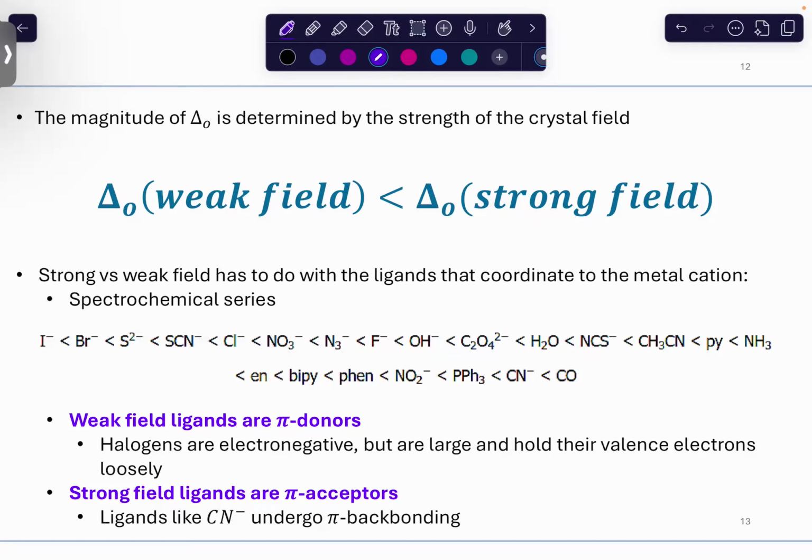Strong field ligands are pi acceptors. Now this is a little more roundabout because we know that the ligand is initially going to donate sigma electrons. Like take your cyanide ion. Initially, it's going to donate sigma electrons, but then it's going to do something called pi back bonding. Your pi back bonding electrons will then be back donated from the metal into the pi structure of the cyanide ion.